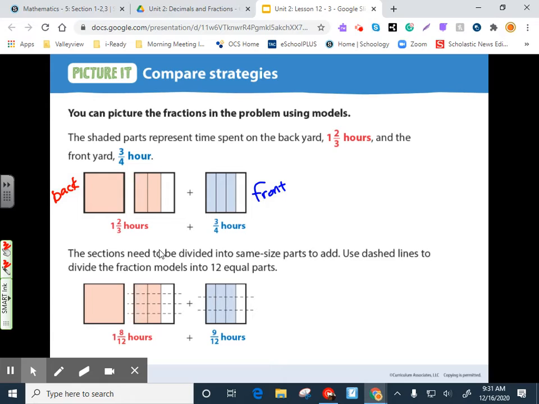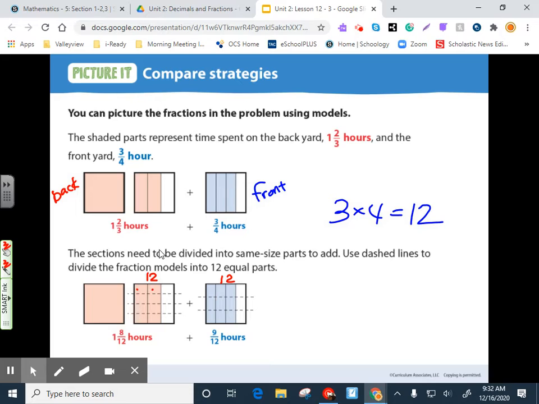Now we know that both these need to be broken up into equal sections, and we already did that by finding our common denominator of doing our 3 times 4 equals 12. So hopefully this helps us understand why a common denominator is useful, because what we have down here is a group of 12 and a group of 12 right there.